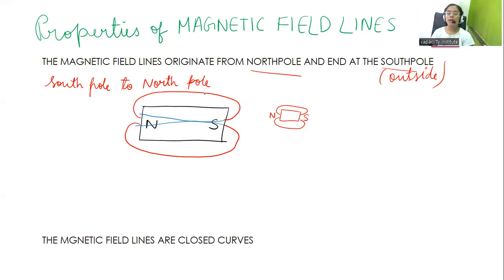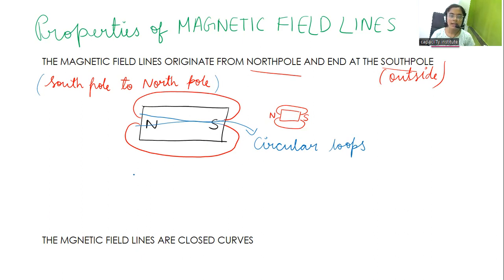They go and go. Why do they go? They form circular loops. Till they form circular loops, the magnetic field lines do exist. Now, magnetic field lines are closed curves. This inside path is actually an exceptional case, right?